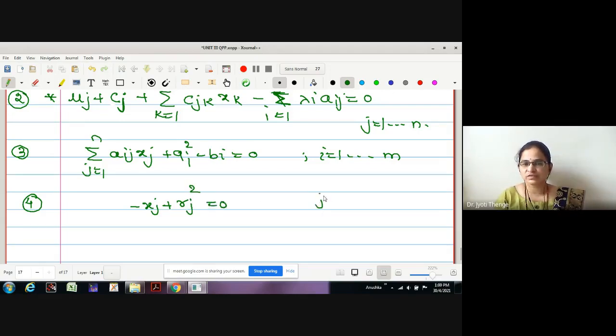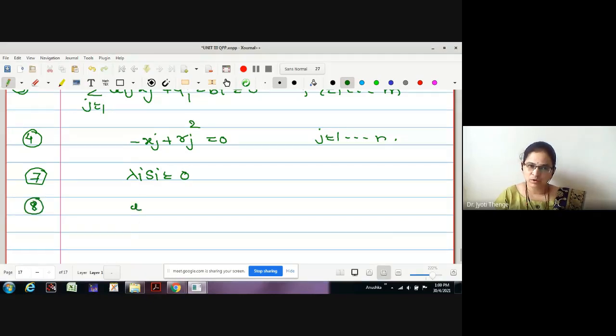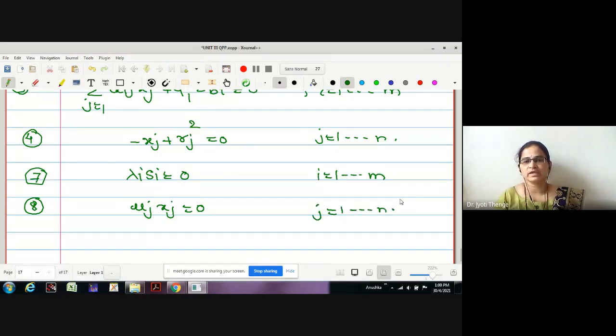How many j do we have? 1 to n. Now 5 and 6 we have taken to be 7, and 7 results into lambda i si equal to 0. 8 gives me mu j xj equal to 0. Again i running from 1 to m, j running from 1 to n.